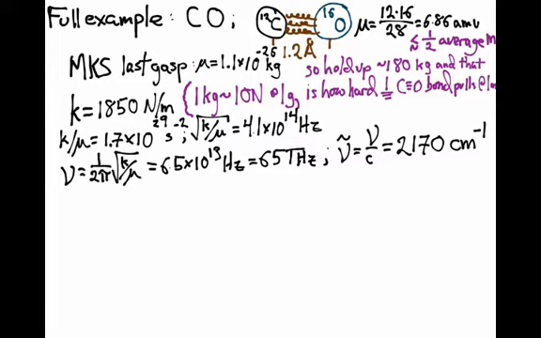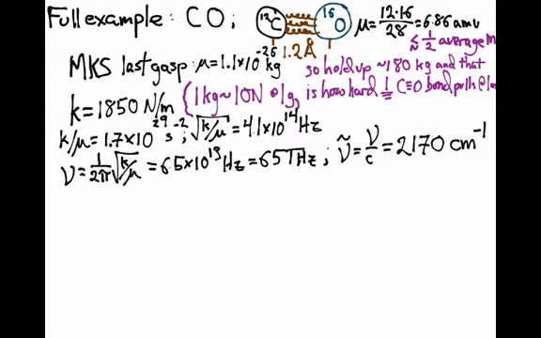The region in FTIR between a little less than 1,000 and a couple of thousand is called the fingerprint region, because the exact frequency of the vibrations is very characteristic of the reduced mass, in other words the molecules making up the bond, and the bond strength, that curvature itself.